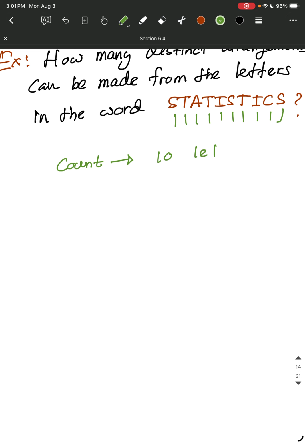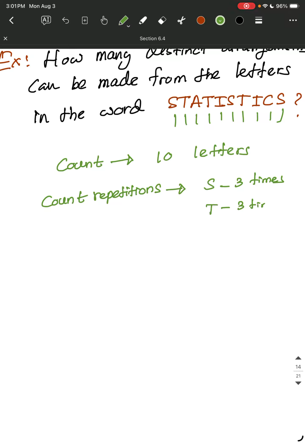Then count repetitions. S appears 3 times, T appears 3 times, I appears 2 times, A appears once, C appears once.